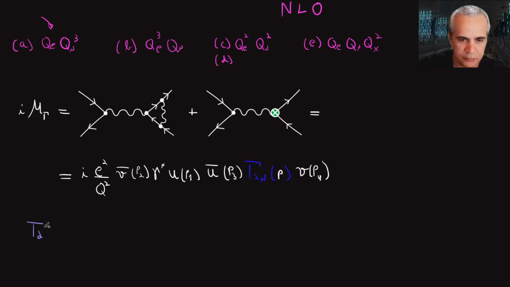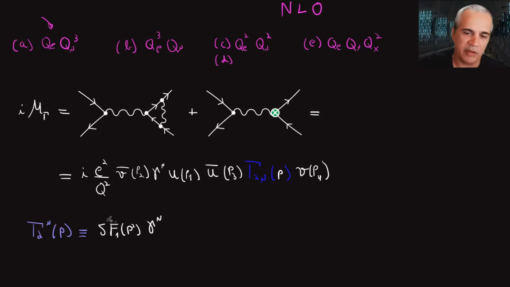Now, this gamma 2 mu here, gamma 2 is the order of the correction, is just defined as delta F1 of p squared gamma mu.